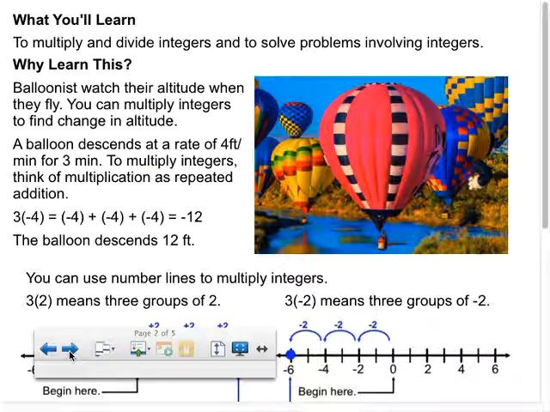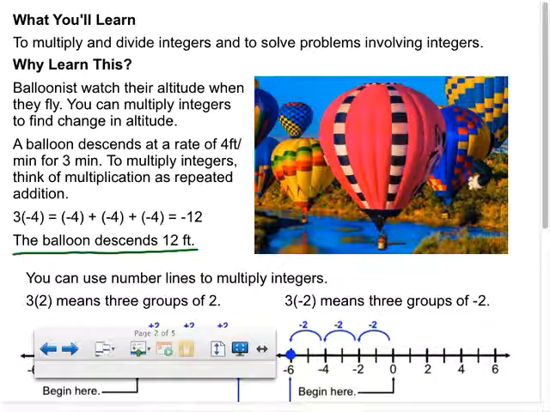Okay, can I get somebody to read to this point, please? Can I get a volunteer? Yes, go ahead. What you will learn: to multiply and divide integers and solve problems involving integers. Why I learned this: balloonists watch their altitude when they fly. You can multiply integers to find combined change in altitude.